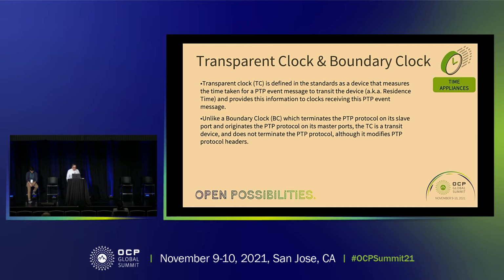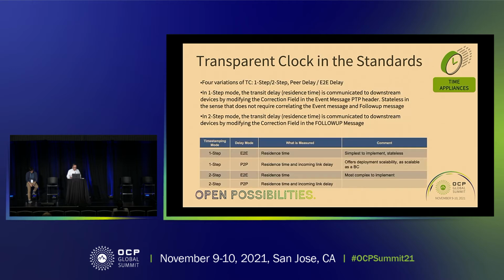A transparent clock is a transit device. The sync message that comes out of a transparent clock came in from somewhere else. It did not originate in the device. So that is the main distinction.